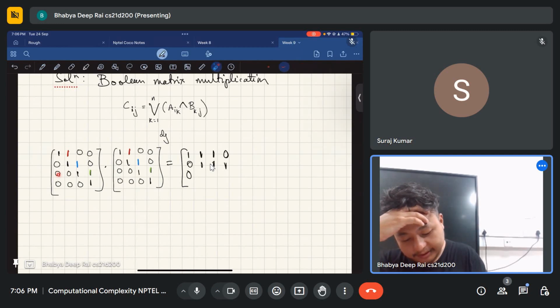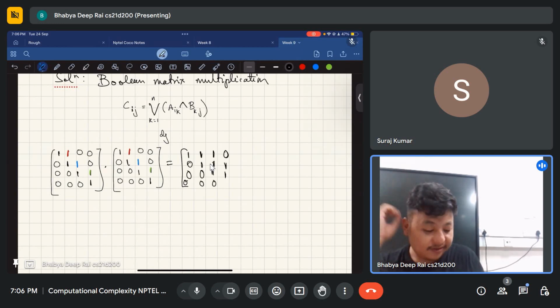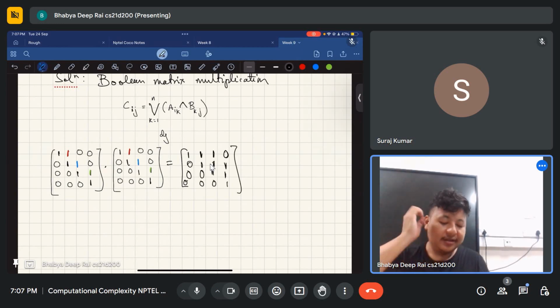Third row, second column will also be a 0. Third row, third column will be a 1. And third row, fourth column will be a 1. And finally, this will be a 0, this will be a 0, this will be a 0, and this will be a 1.